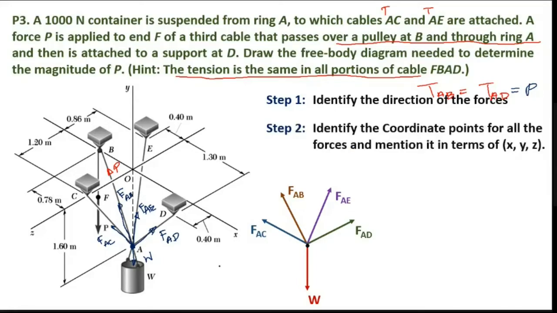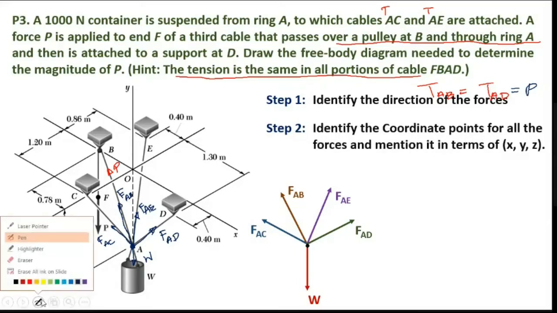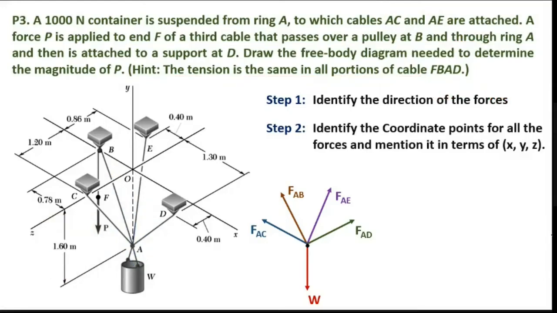Next step is to identify the coordinate points. Let me erase all. Can you tell me what will be the coordinate points for A, B, C, D, and E? What will be for A? It is mentioned this is X, this is Y, and this is Z. Just look at the X-axis.